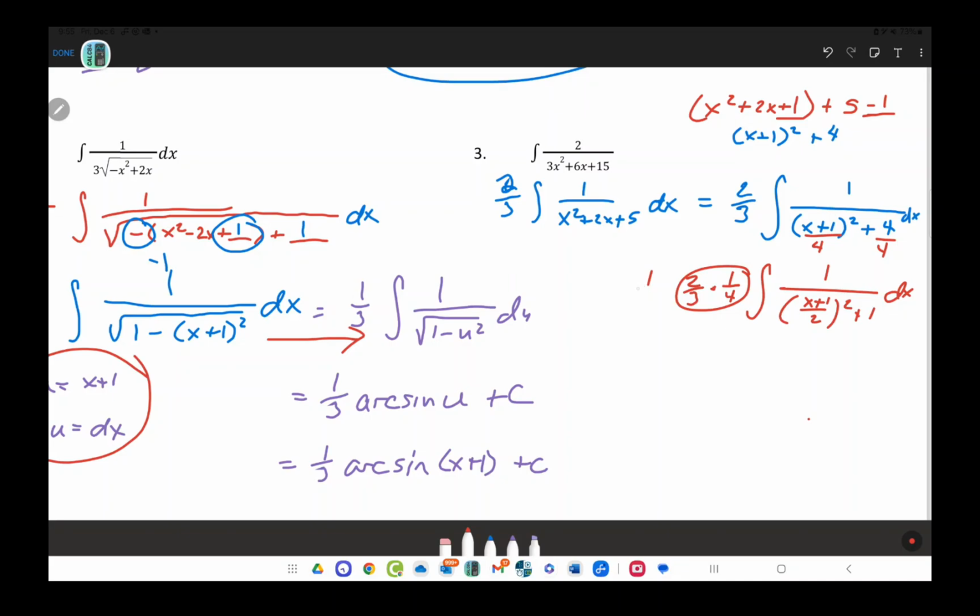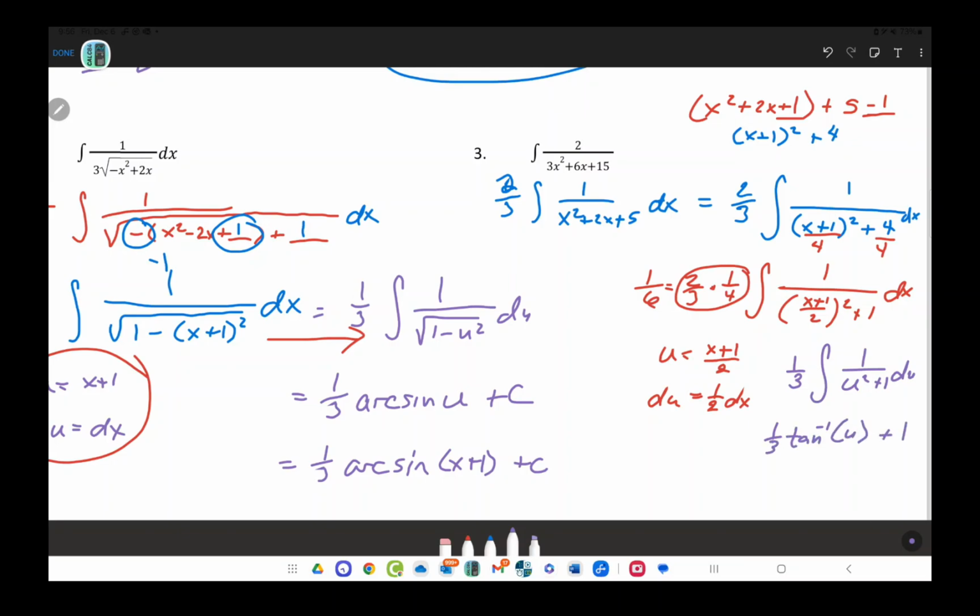So u is x plus 1 over 2, and du is 1/2 dx. Then I plugged all that in. 1/6 divided by 1/2 is 1/3. And then it's 1 over u squared plus 1. So that's an inverse tan. So then it's 1/3 tan to the -1 of x plus 1 over 2, plus c.